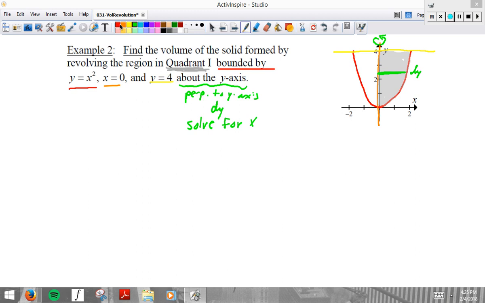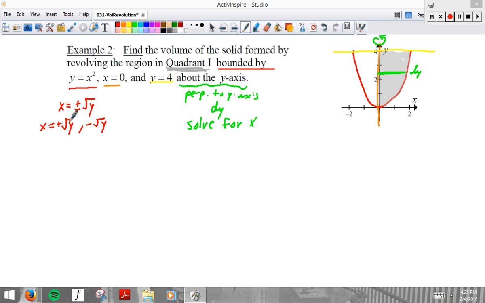All right. Well, who needs to be solved for x? This guy. X equals plus or minus the square root of y. So we're talking about x equals positive root y, negative root y. 6.5, the very last example, talked about how you could identify which part of this parabola is positive root y, which part's negative root y.